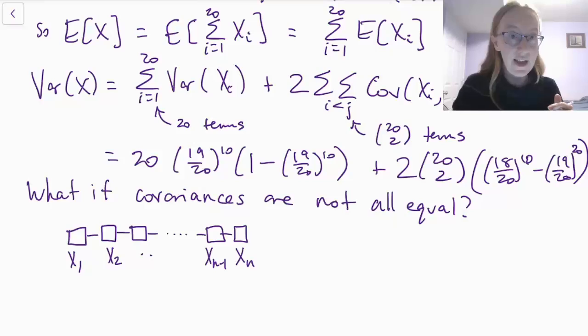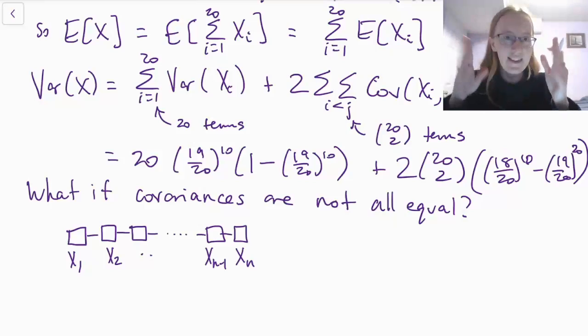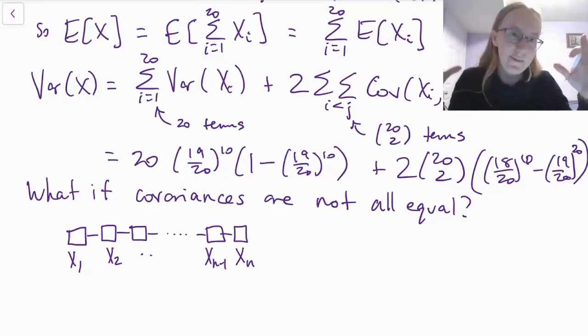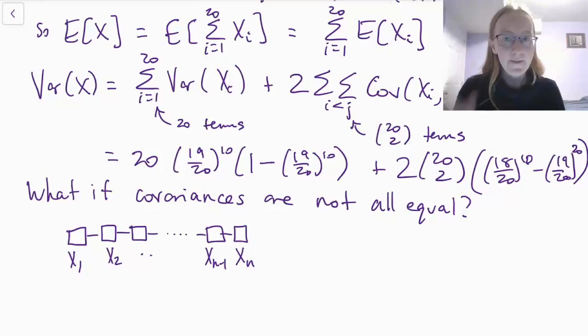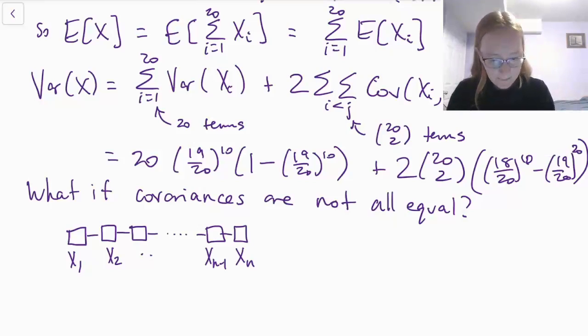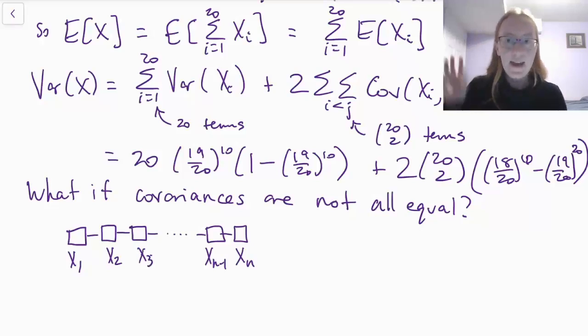So the means and variances of each individual indicator variable are also not equal to each other. But that's okay. You just calculate it for the end bits and calculate it for the middle bits, and then you add 2 times the end bits plus the number of middle bits, and that's your expectation, because expectation is linear. But for the covariances, here we can see that, if this is X3, X1 and X2 are going to be related to each other, for example.